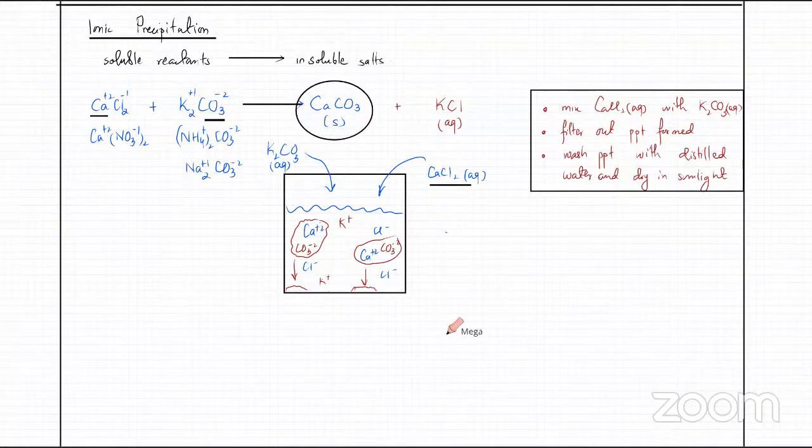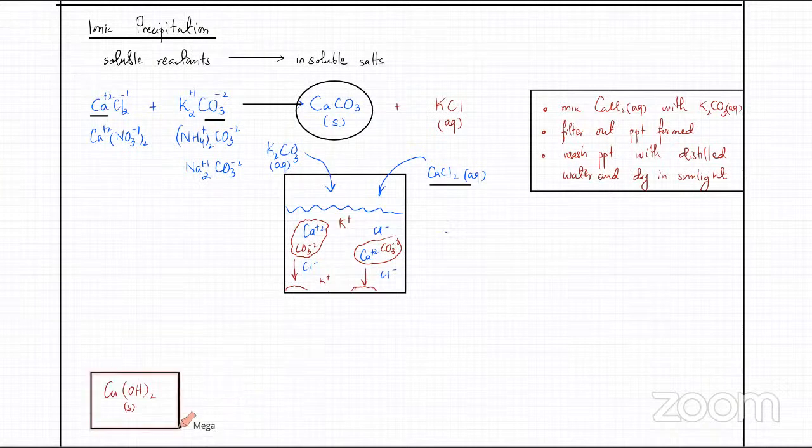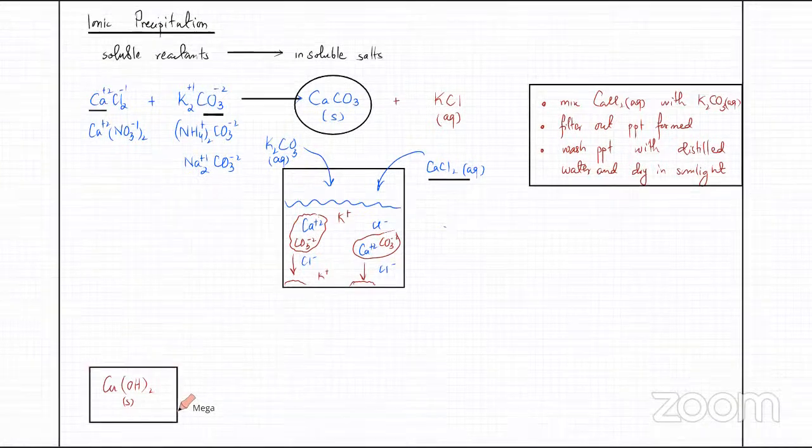So here's another one. Let's say I've got another insoluble salt. Copper chlorides are all soluble. Let's say copper hydroxide. I want to make copper hydroxide. That's insoluble. That's a solid. So I want to make this salt.